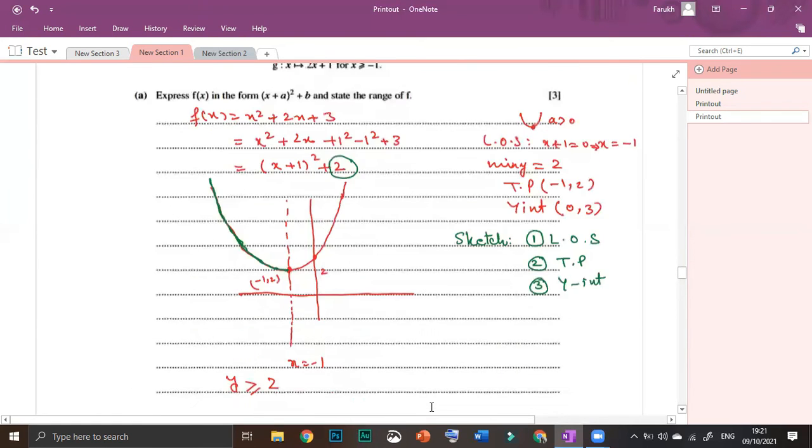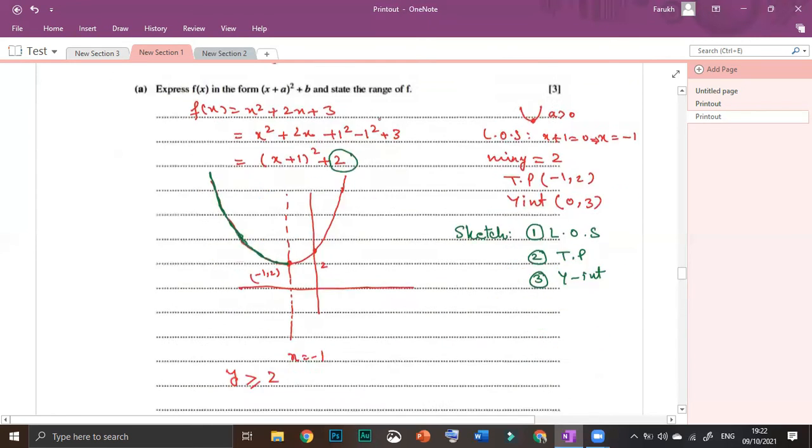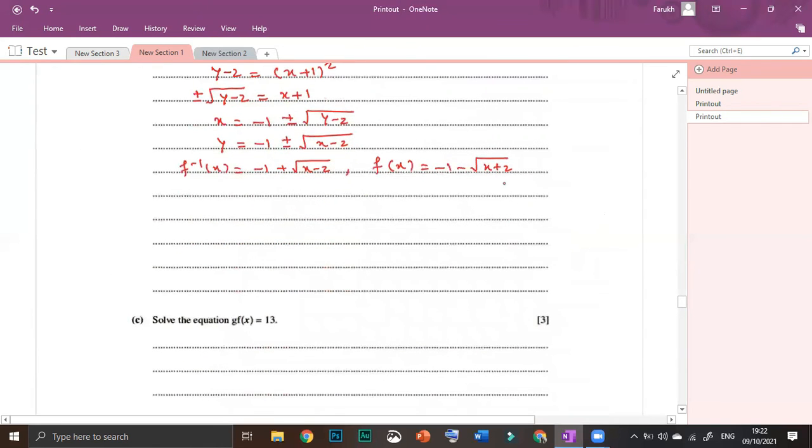The domain of f is x is less than equal to 1. You can see a less sign here. So we will choose the expression with a negative sign, that is the second one. This one is minus 1 minus something, so this one is less than minus 1. The first one is not applicable.